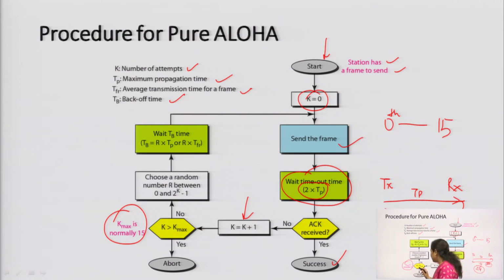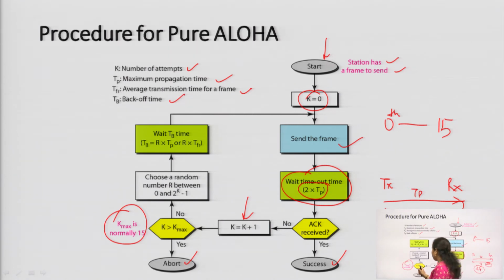Then, if k is greater than k max, meaning the number of attempts should not be greater than 15, then you have to abort, meaning you have to remove or delete the ID of transmission.